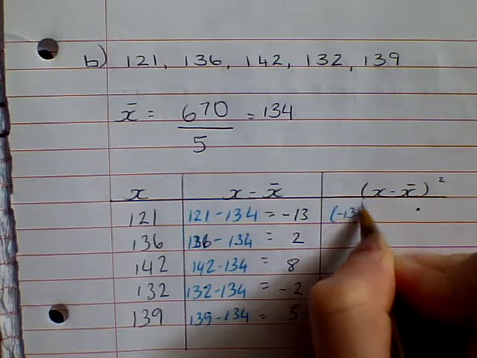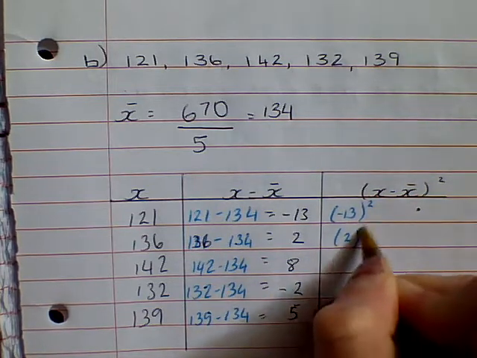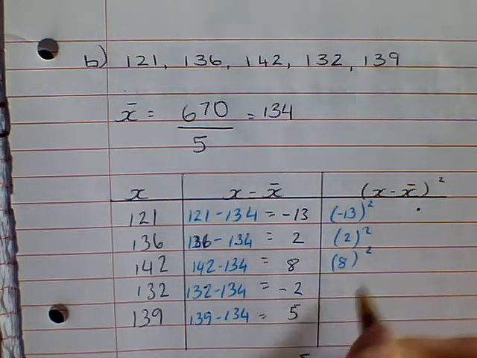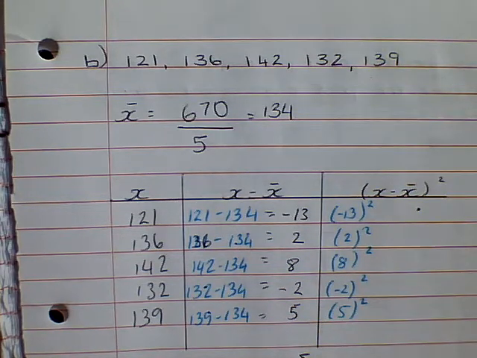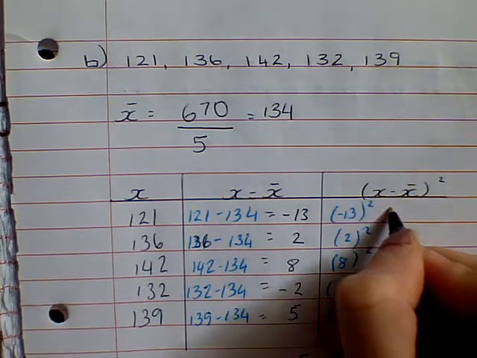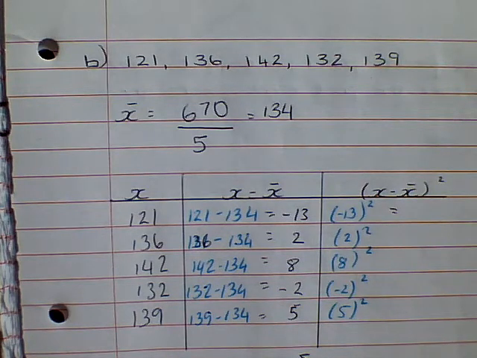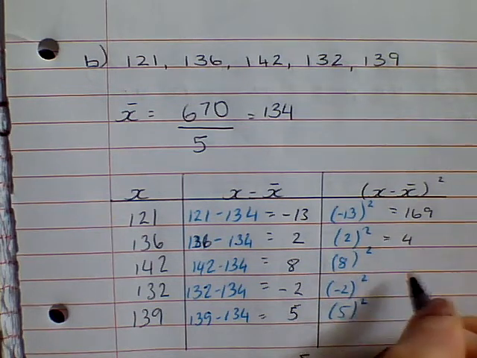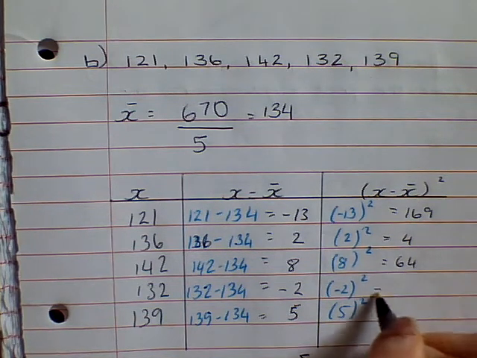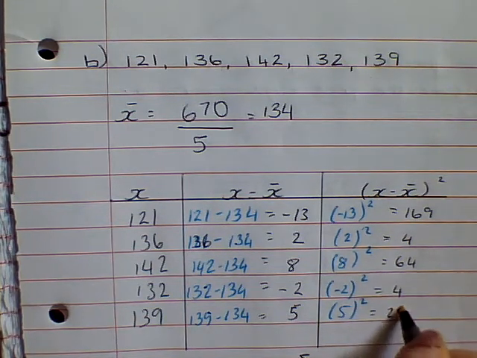So square of each of those. And the black is what you must have. Okay. So we've got 169, 4, 64, 4, and 25.